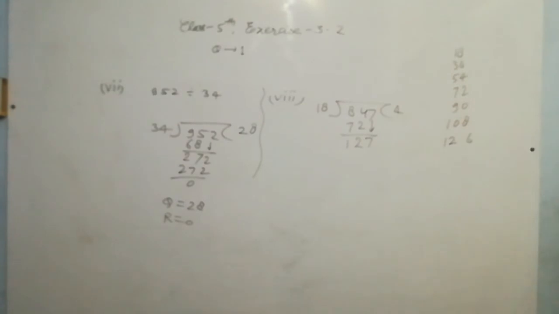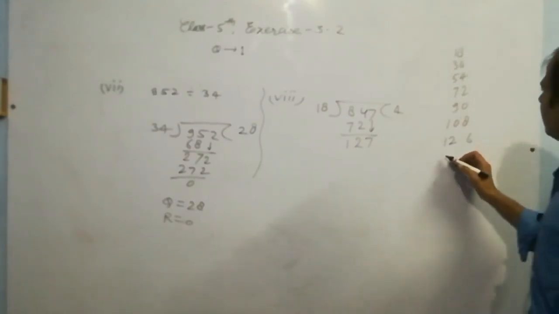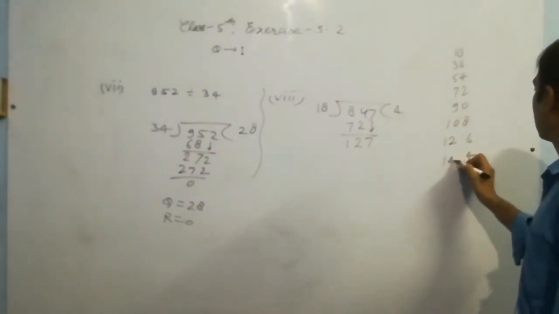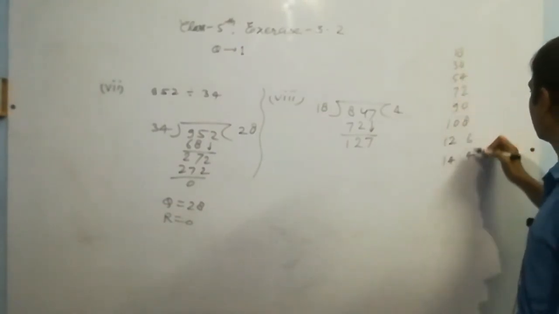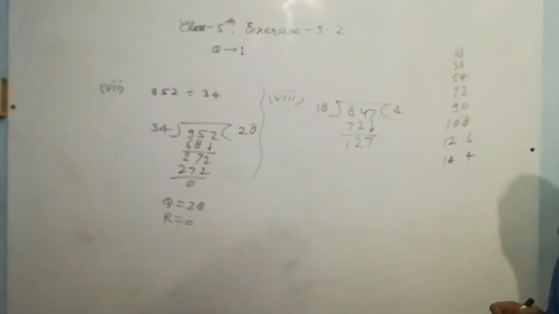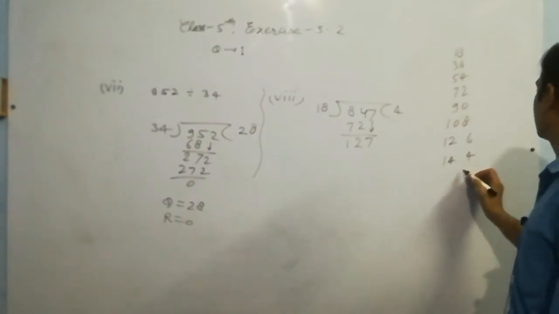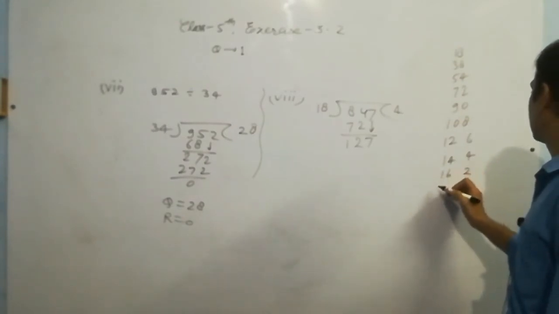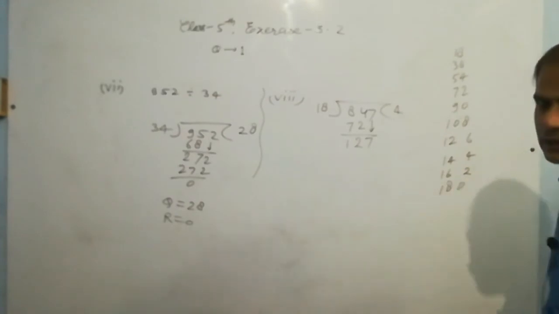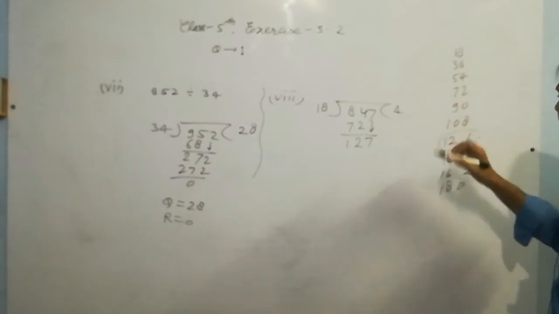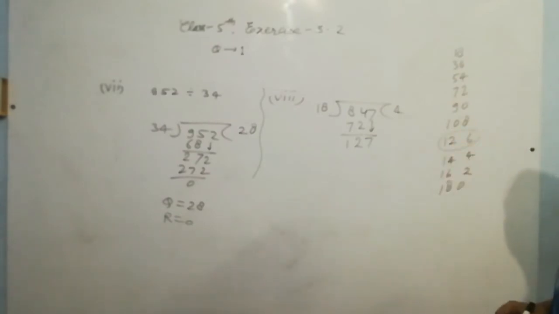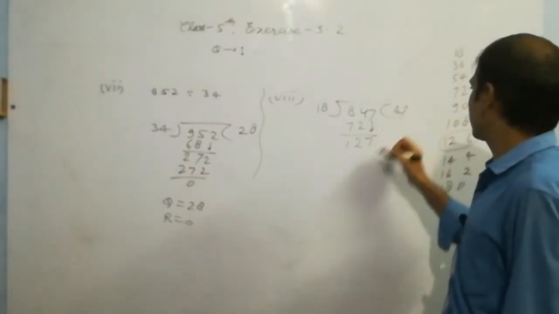And 18 8 ja 144, 18 9 ja 162, 18 10 ja 180. So this is 127. Now we have to select 126, and it comes 7 times.